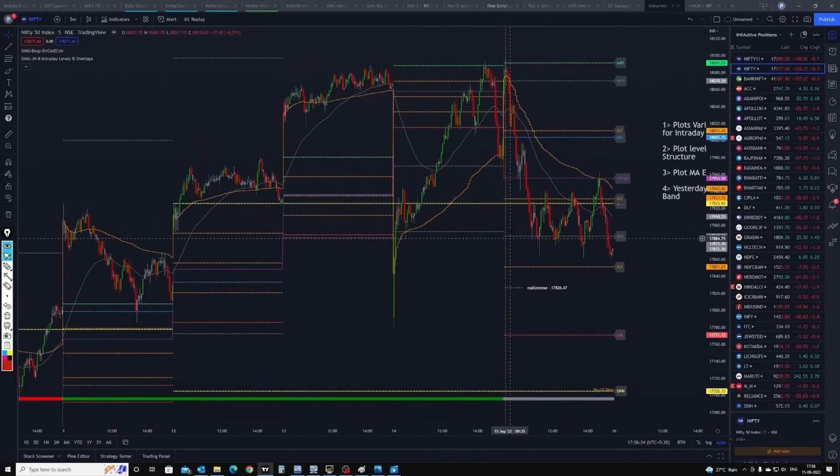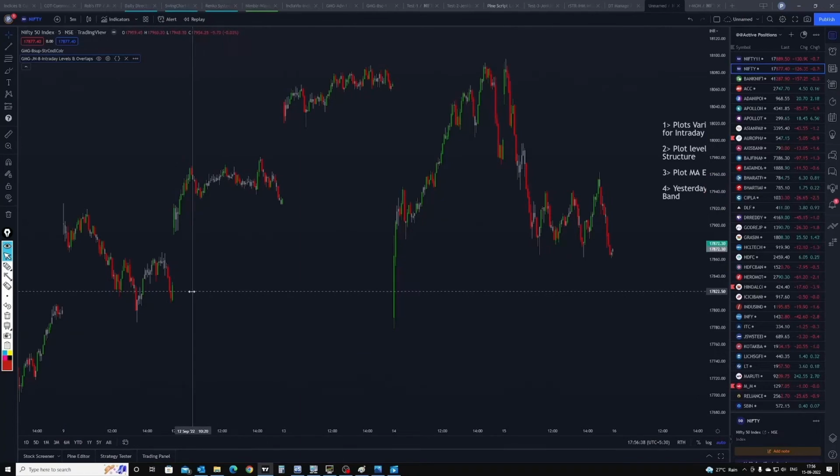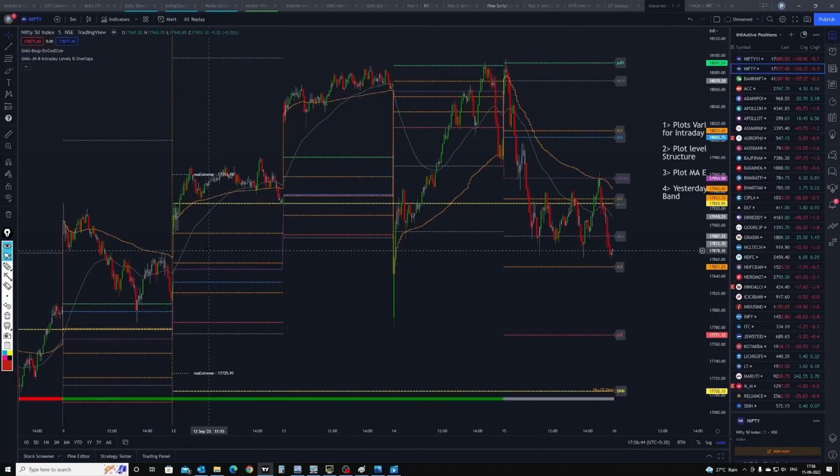For example, if I hold this anchor line and place it on the last bar of this day, it is telling me that this is the moving average exhaustion limit, and next day you see the price goes to that level and it stalls there. We'll do one more thing.